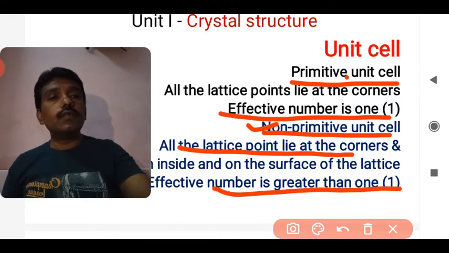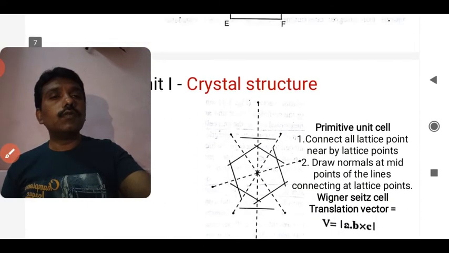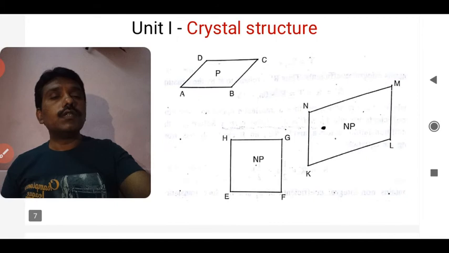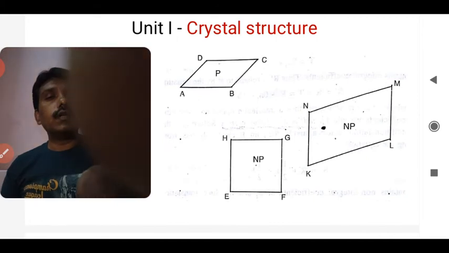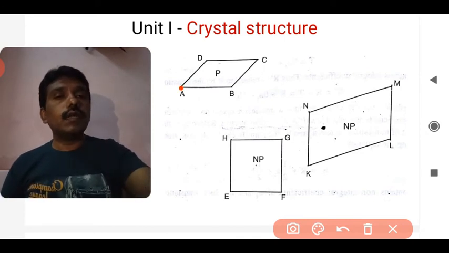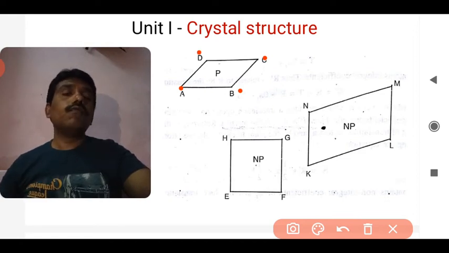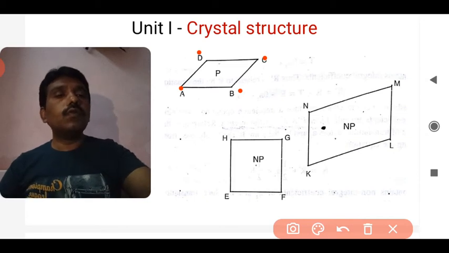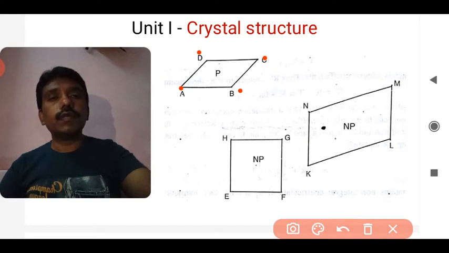Now, if we consider these same structures, this is a two-dimensional diagram. Look at ABCD, which is a parallelogram in the two-dimensional case. In this unit cell ABCD, all the points are exactly on the corners, with no other point on the surface or anywhere else.